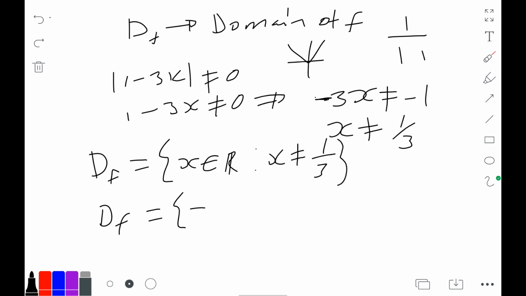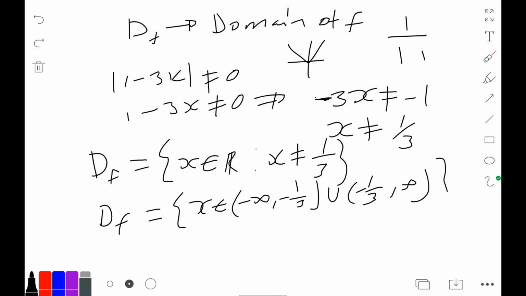You can write it as x is an element of negative infinity to 1 over 3, and then union, you must union them because they are a union, then 1 over 3 to infinity. So just by doing that, you have answered.